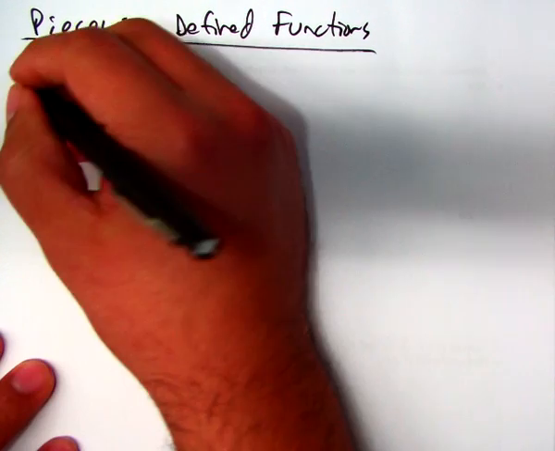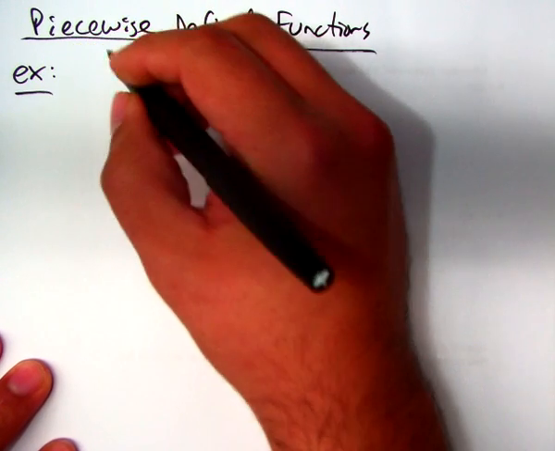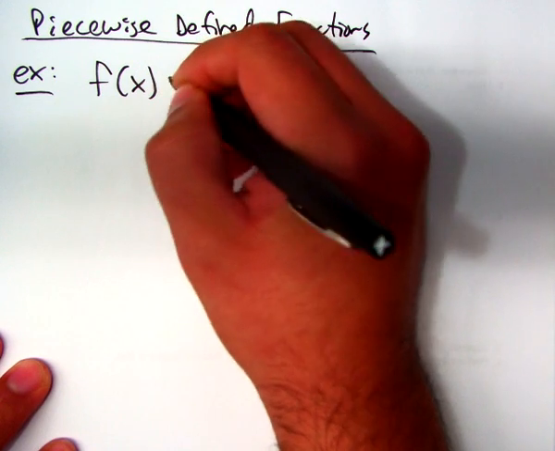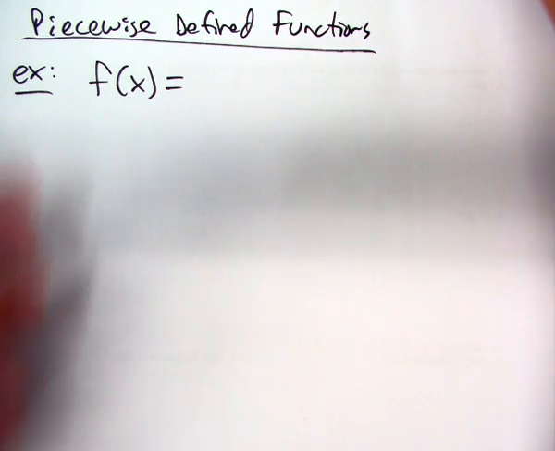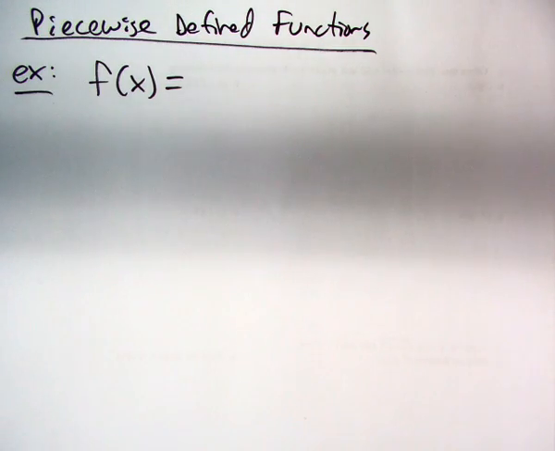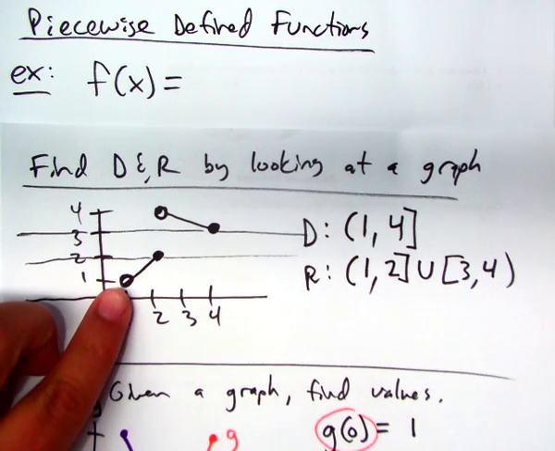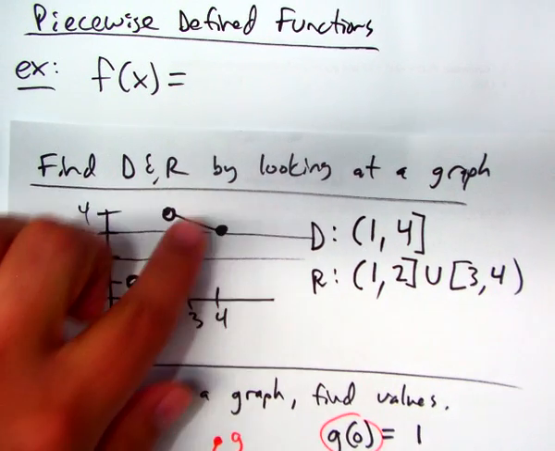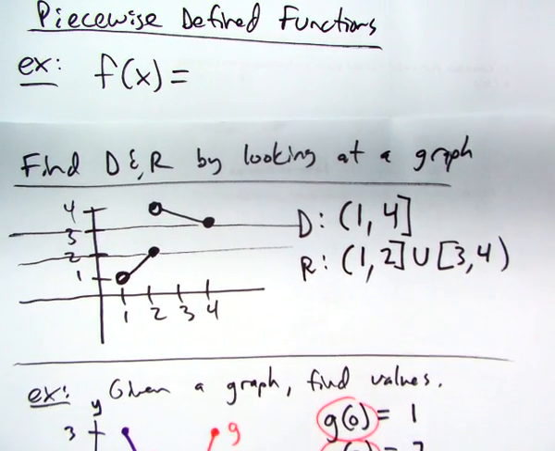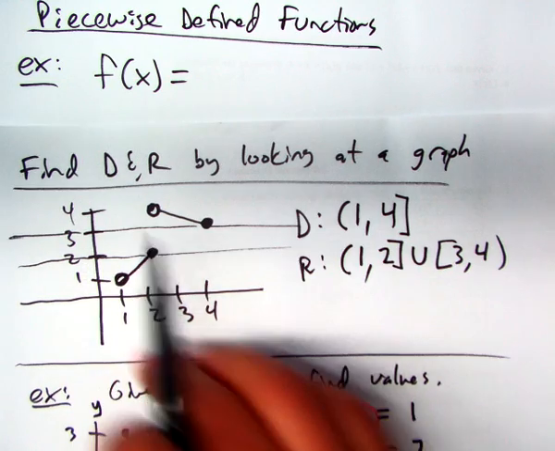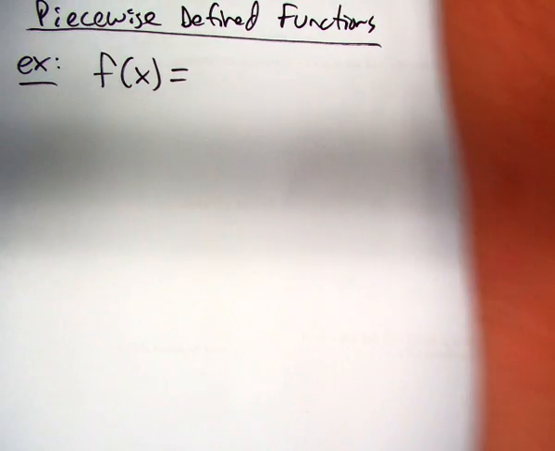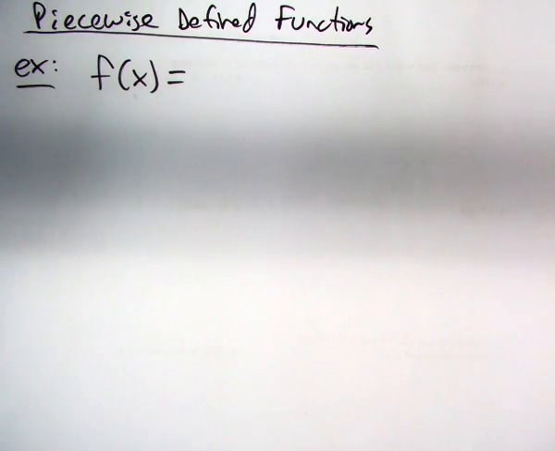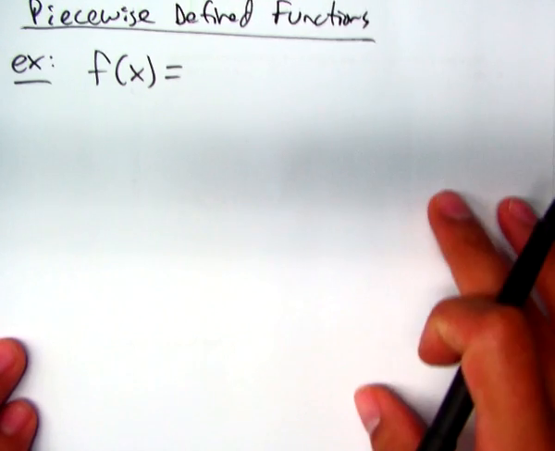Okay, a piecewise defined graph is kind of like this example from before. It's a graph that's got pieces. Instead of just one smooth, continuous graph, it's got separate parts of the graph that we're looking at. So, something like this.